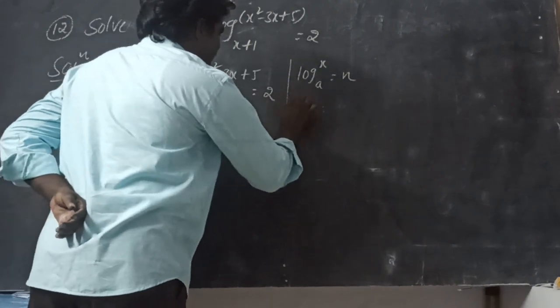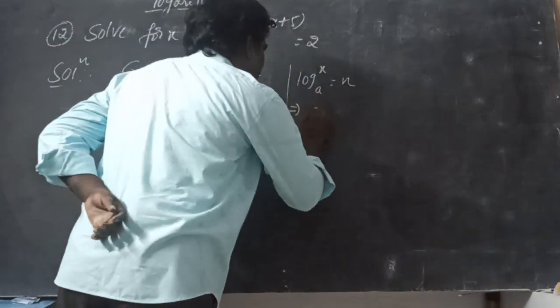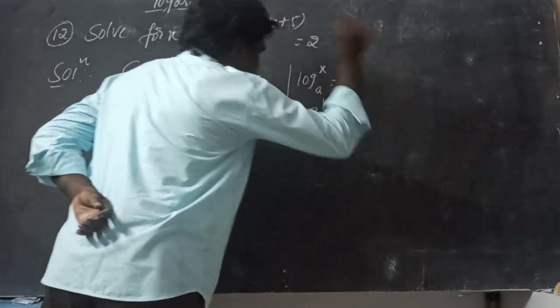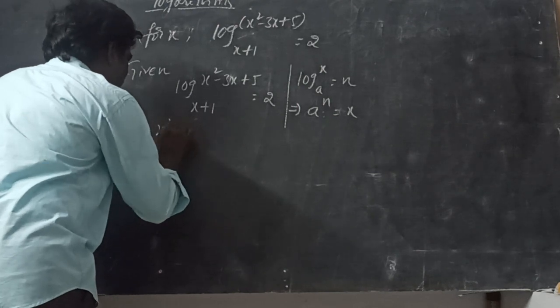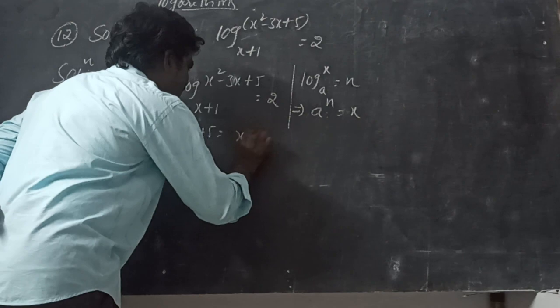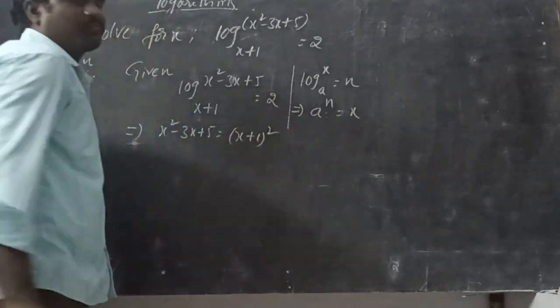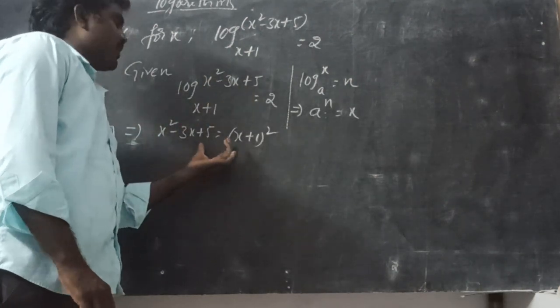You can write the logarithm in exponent form: a to the power n is equal to x. So x² − 3x + 5 is equal to (x + 1) whole square.